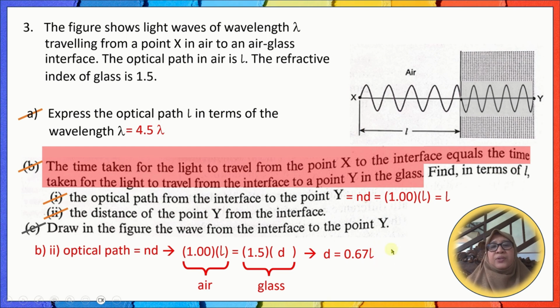In terms of lambda, it has the same number of lambda. Just now we calculated 4.5 lambda, so that means from the interface to Y also 4.5 lambda, and the distance in terms of L is 0.67 L.